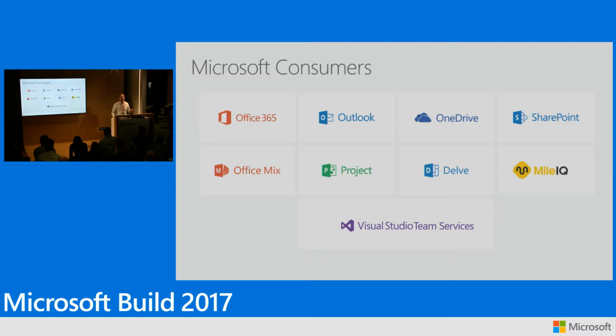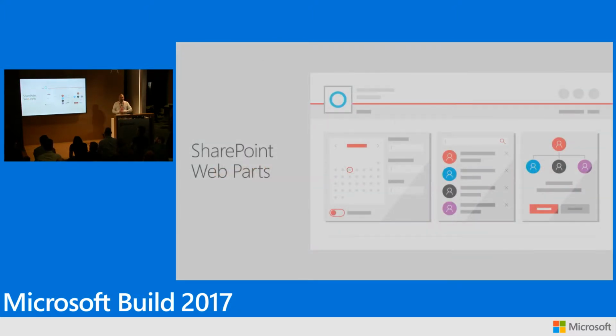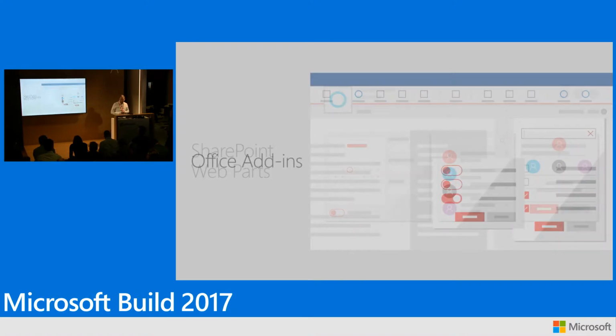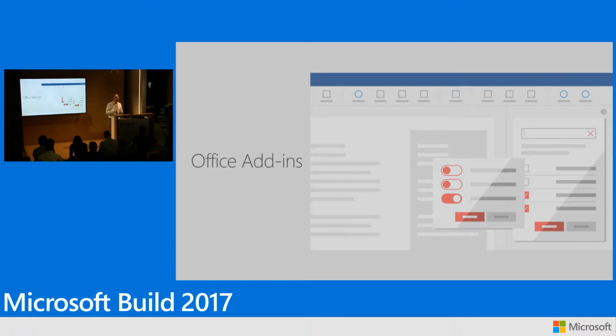So these are first-party experiences, but you might also see them in our SharePoint web parts. If you're using SharePoint web parts or building SharePoint web parts, you can use Fabric and Fabric React today. If you're building Office add-ins, it's the exact same experience. You can use Office Fabric React components right inside of your Office add-ins, and they've made it extremely easy to do it.